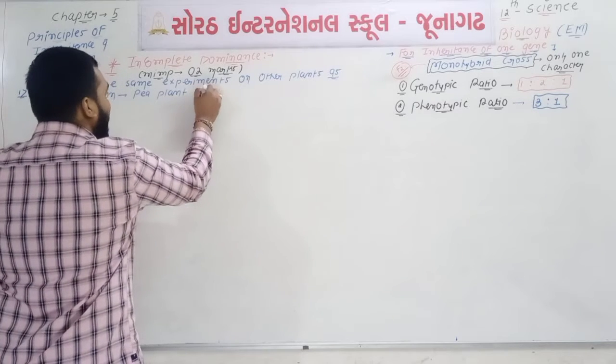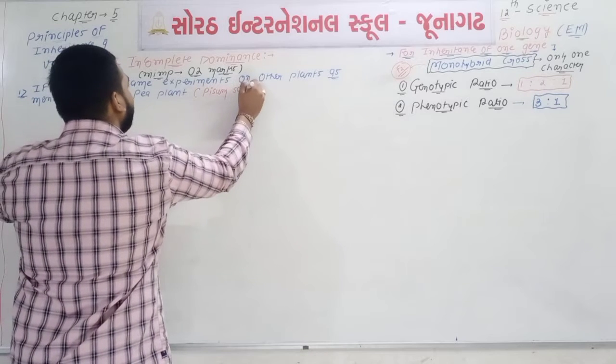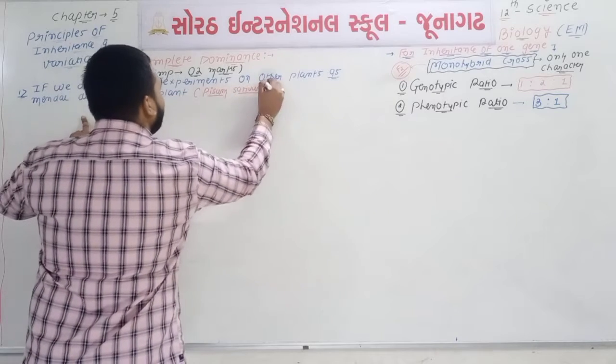The scientific name of the pea plant is Pisum sativum.